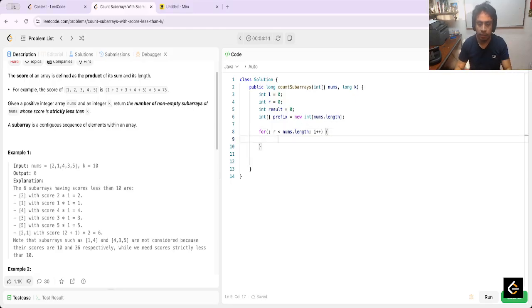Now this is moving. Now the next is nums in the position r, that is 0, plus equal nums in the position r less 1.